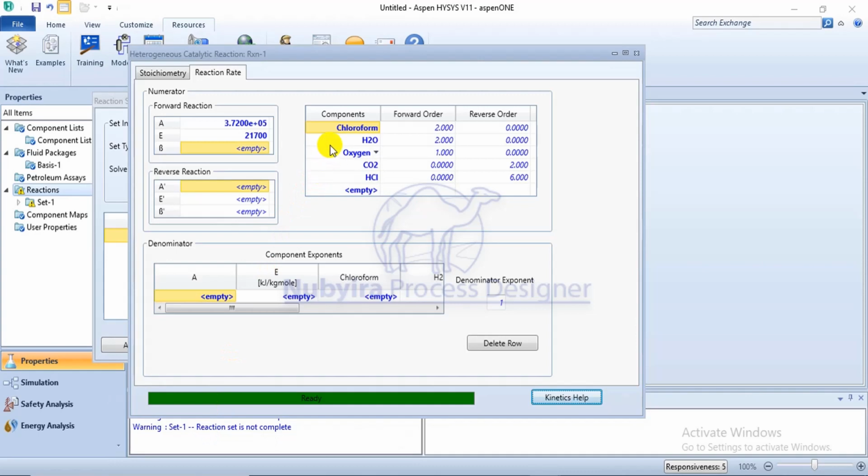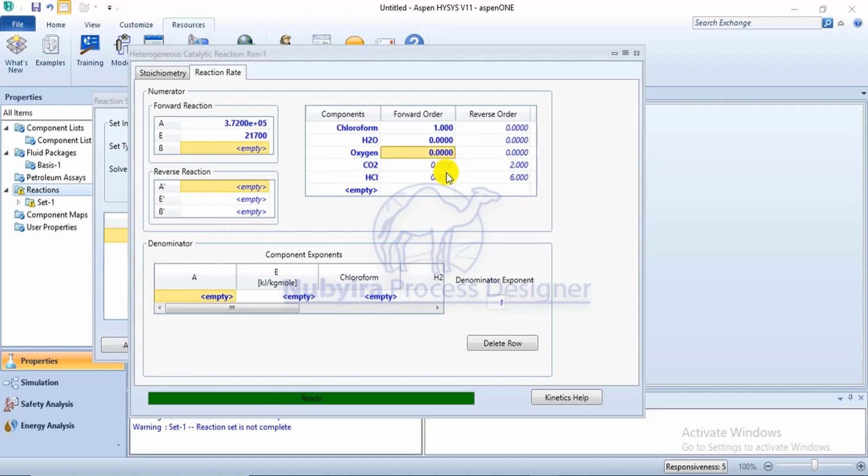So for chloroform, the forward order would be 1 here, and then we would have 0 for the rest, because they are not part of that particular concentration.